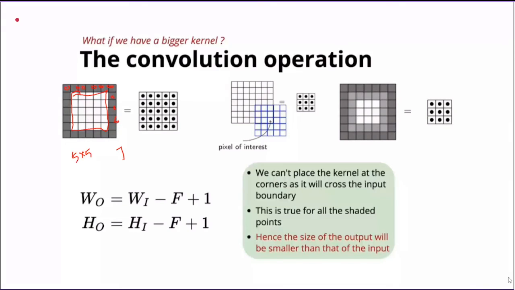When we apply a kernel for the convolution operation, the original 5x5 size will be retained.